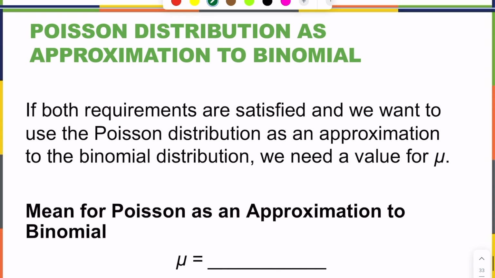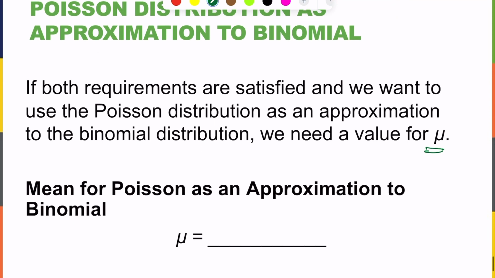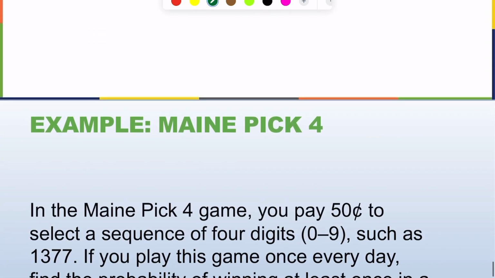If both requirements are satisfied, we can use the Poisson distribution as an approximation for the binomial distribution. We need a value for mu, though. Well, we'll just use the mu from the binomial, which is n times p. So that's how you do that.